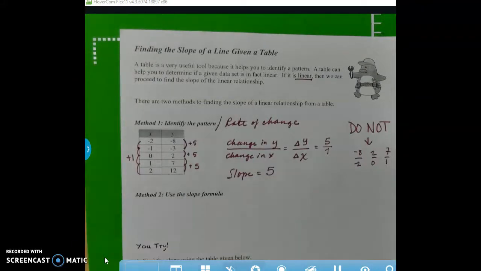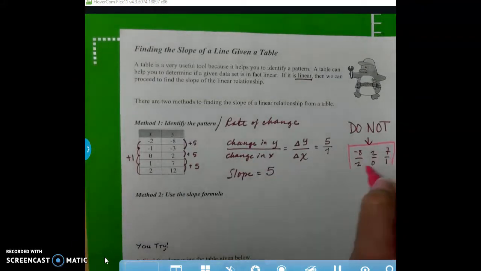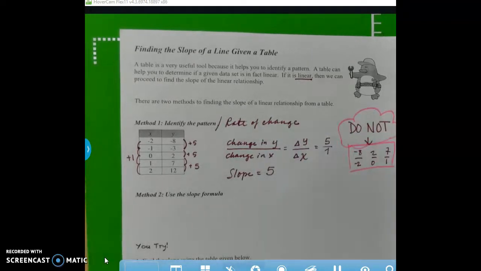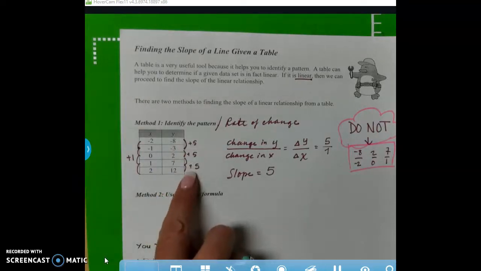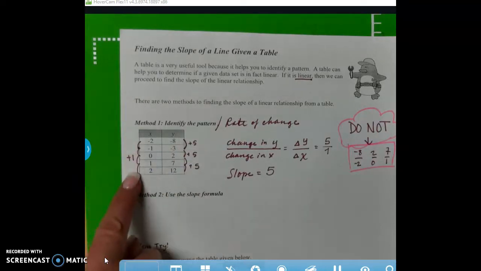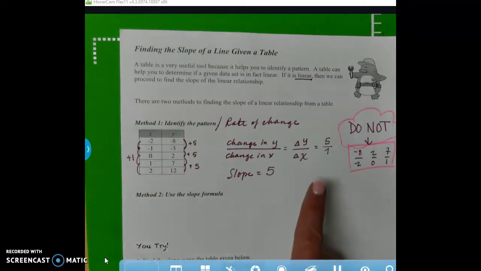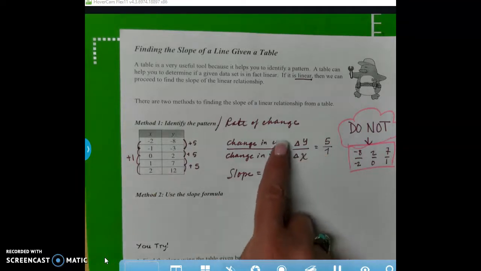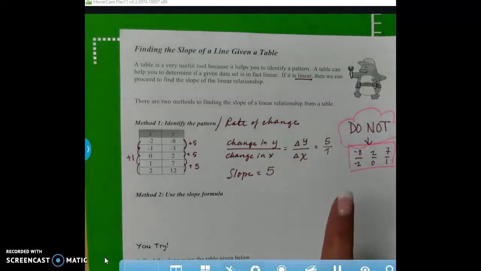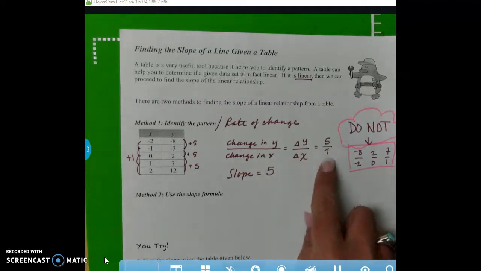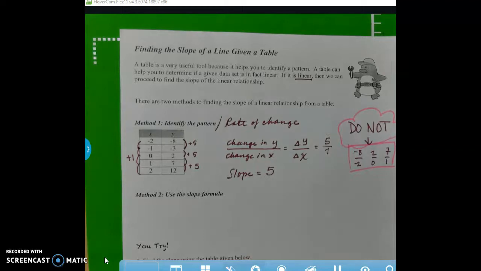So do not do that. Super important. The rate of change is saying how our values are changing. They're changing by 5 and by 1. So both values are growing. You do have your numbers recorded: +5, it grows by 5; +1, it grows by 1. And here's your data.